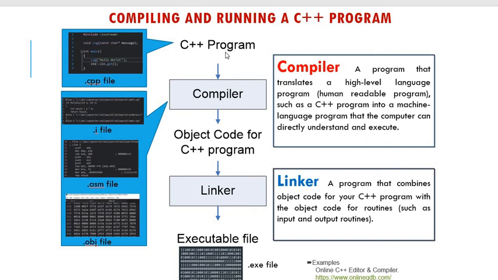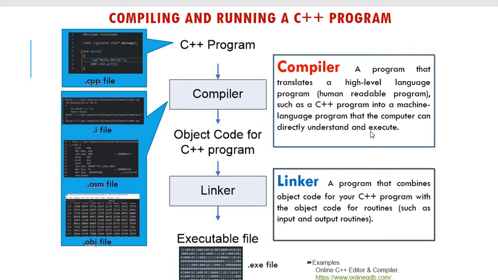Okay, besides C++, we have Java, we have MATLAB. So the compiler is used to translate this high-level language to machine code. Why? Because the computer does not understand the high-level language.